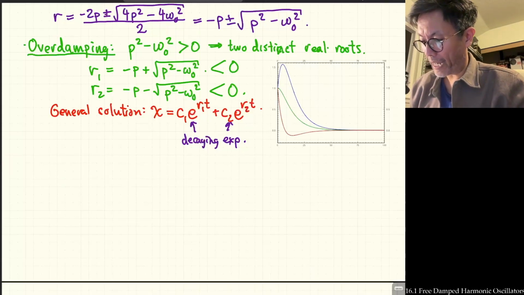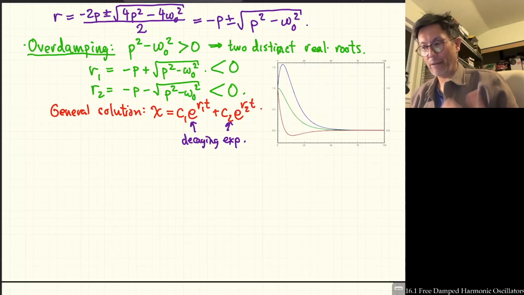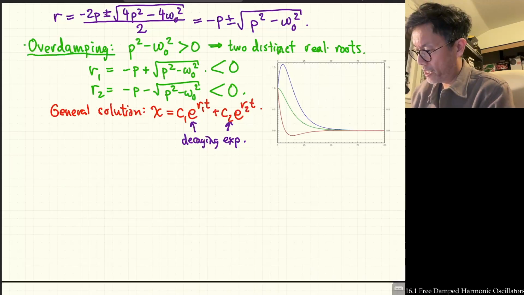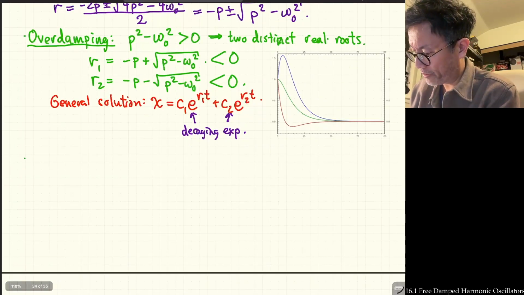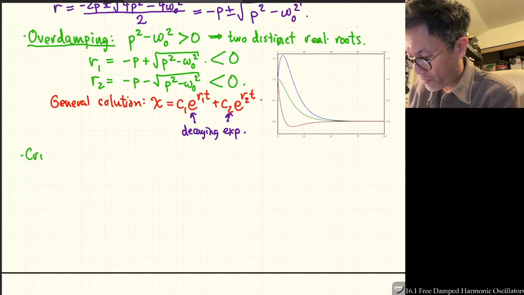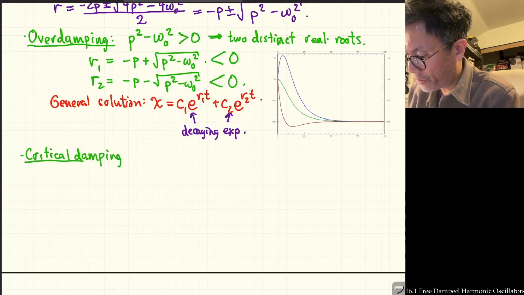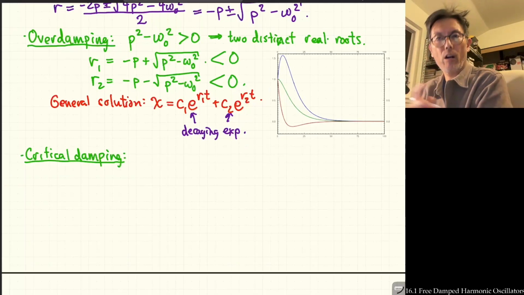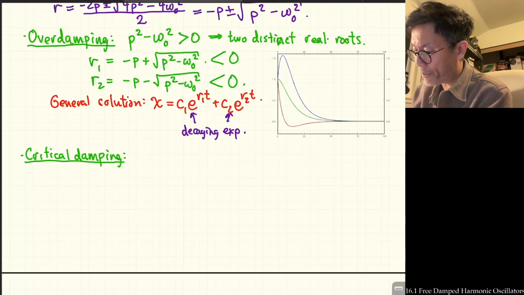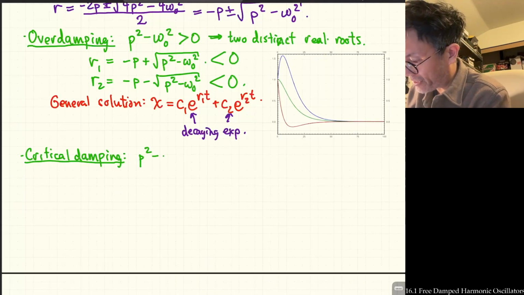The other thing that can happen is something called critical damping, or critically damped harmonic oscillators. These are when p squared minus omega naught squared is exactly equal to 0.